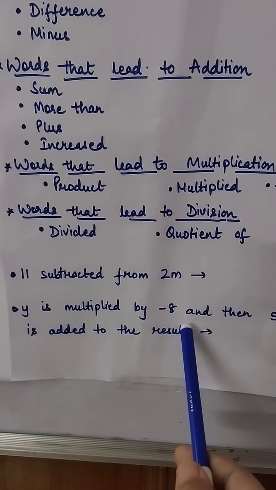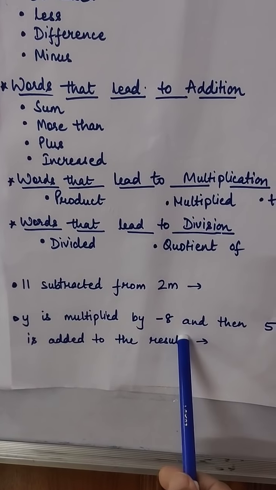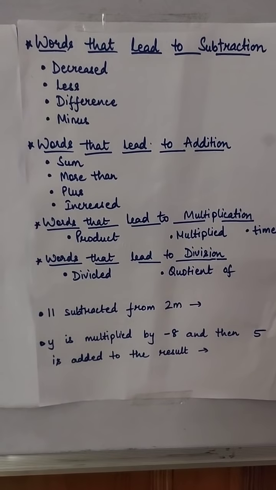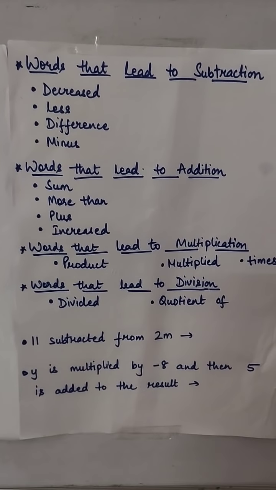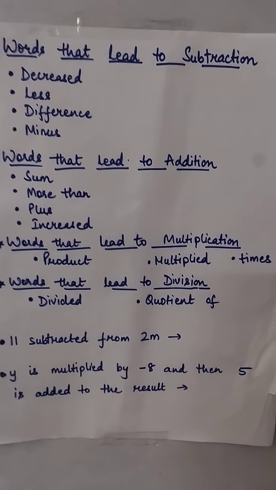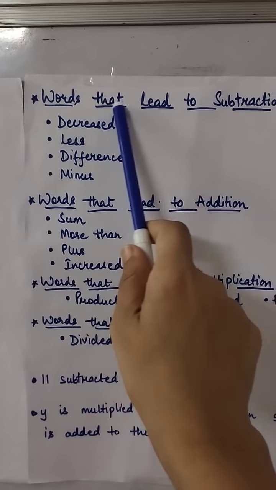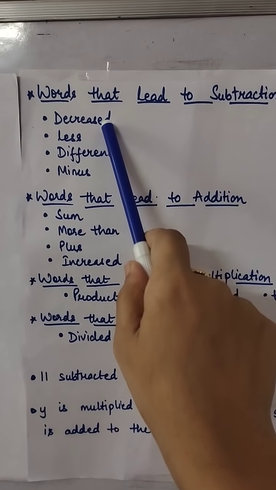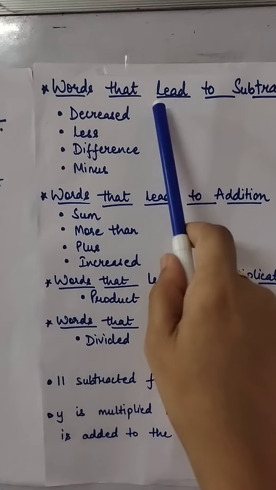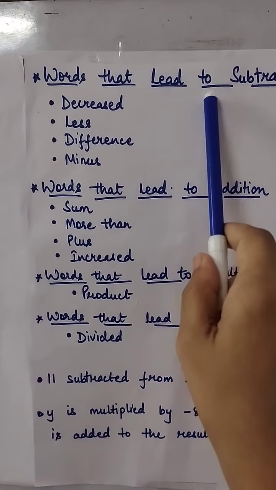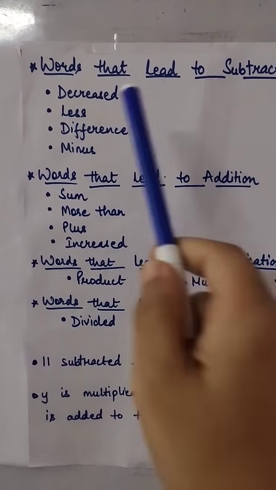To understand what operations we are using here, we should remember a few keywords. With the help of those keywords, we'll be able to write these expressions easily. So what are the keywords? The words that we can use for subtraction are decrease, less, difference, and minus. Take one example: y decreased by 7 is y minus 7.